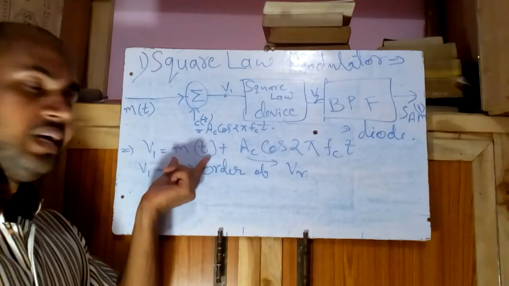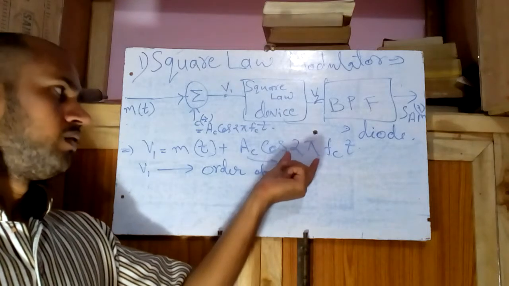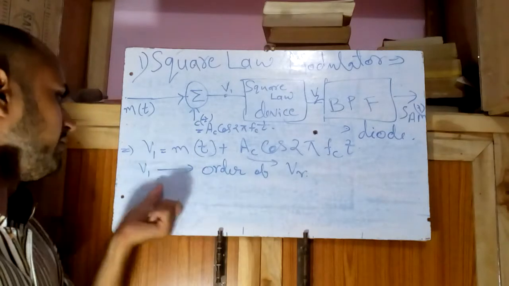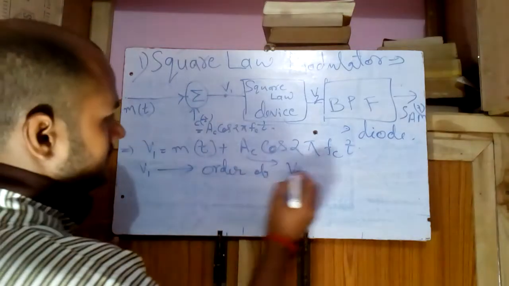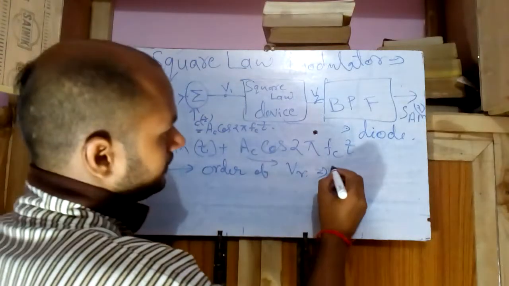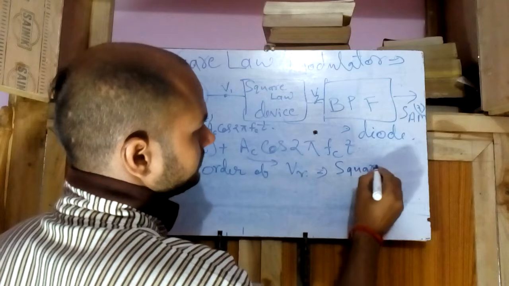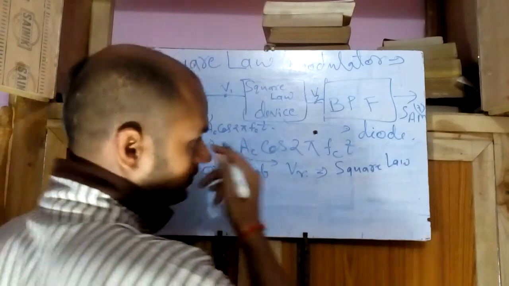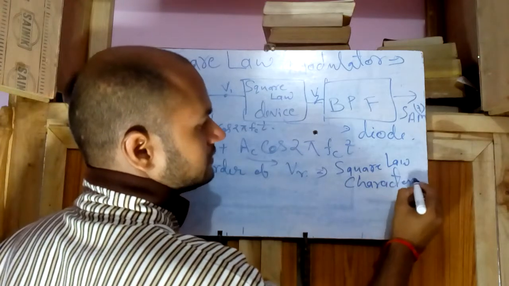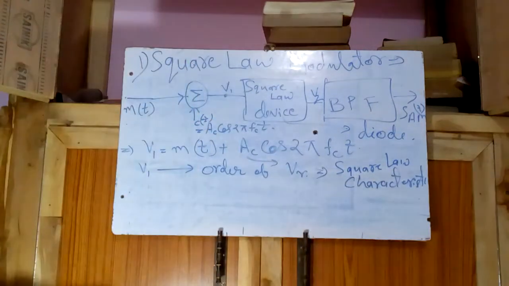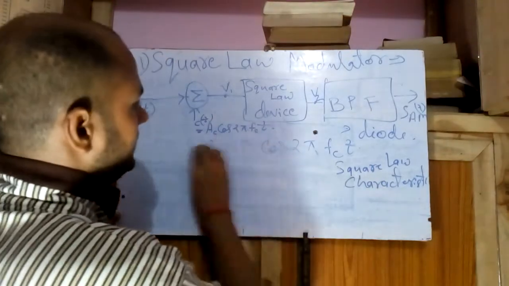If it is possible, then we will see the square law characteristic. So to get a square law characteristic, we will have to make V1 in the order of V gamma.